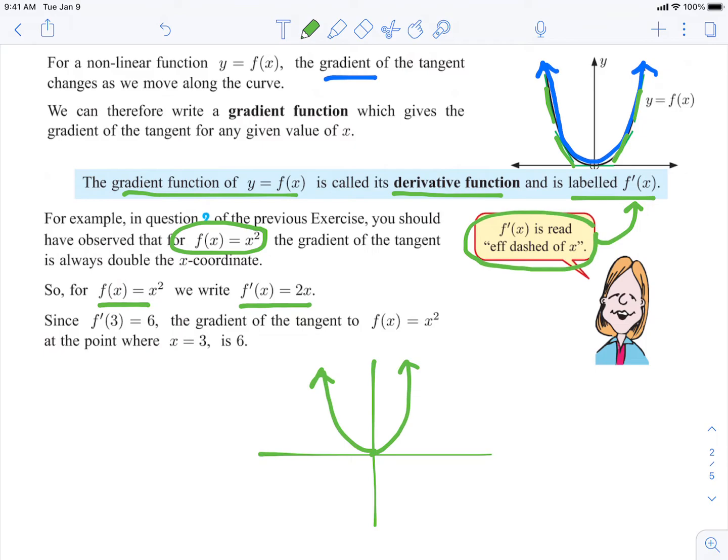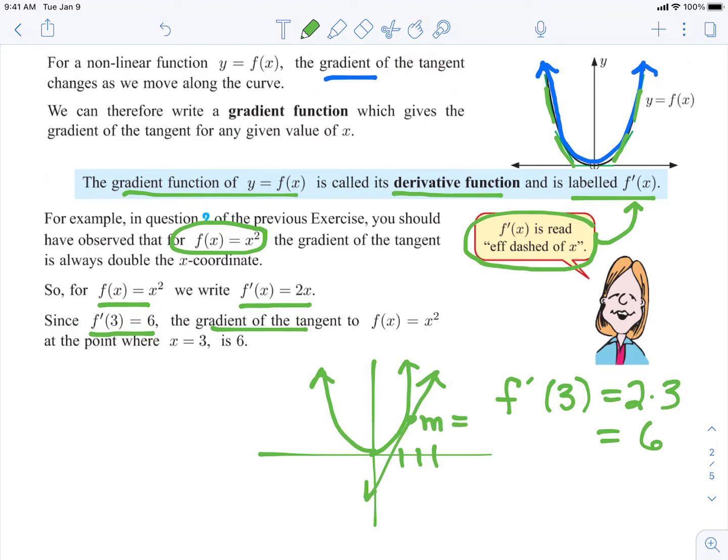And if we want to evaluate the derivative function for 3, then that means the output of f of 3, so 2 times 3 is 6. So the gradient of that tangent line, where x is 3, the slope of that tangent line is 6.